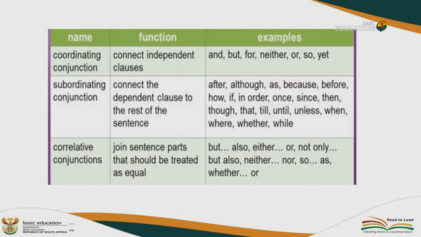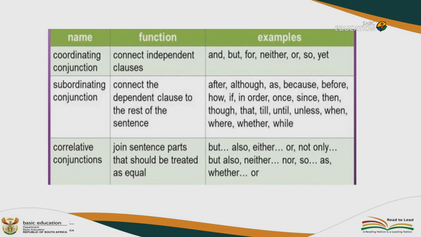Please note that coordinating conjunctions are those conjunctions that we call fanboys. We call them fanboys because they are made up of for, and, nor, or, so, yet. Oh, I forgot but. And then we have those which are called subordinating conjunctions.